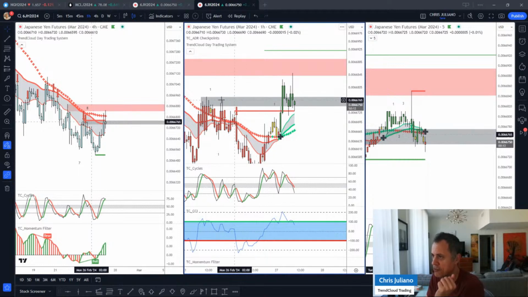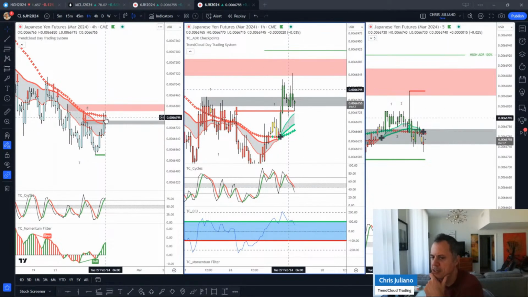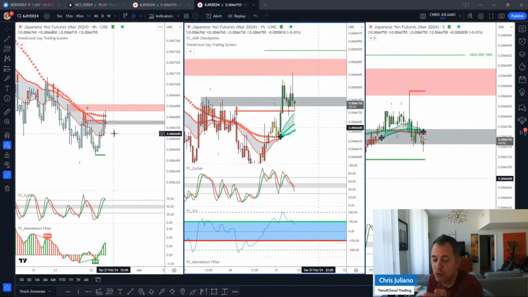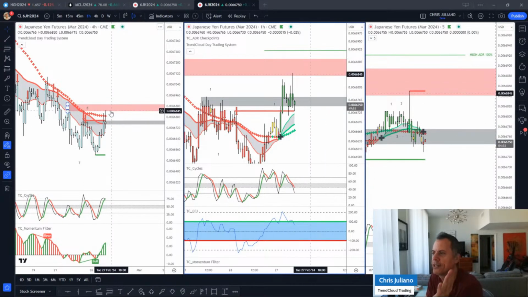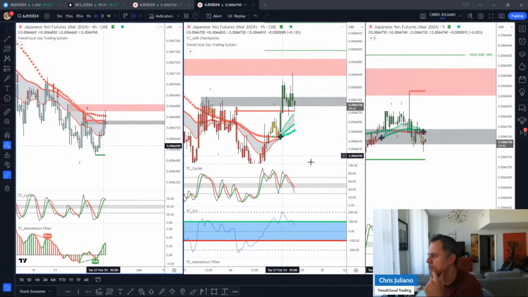Well, the extended trend on that high time frame broke above that 50 simple. And that's what we want it to do. We want it to close above. So we're really looking for a close above this 50 simple here.